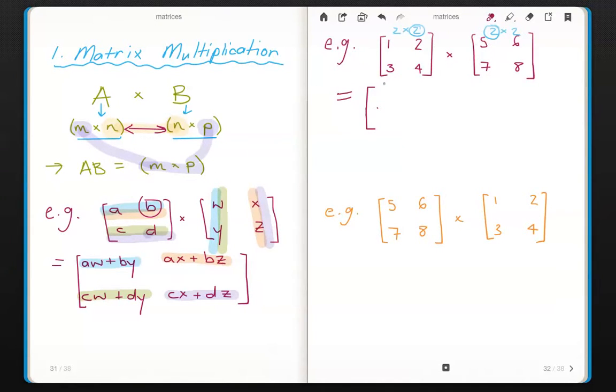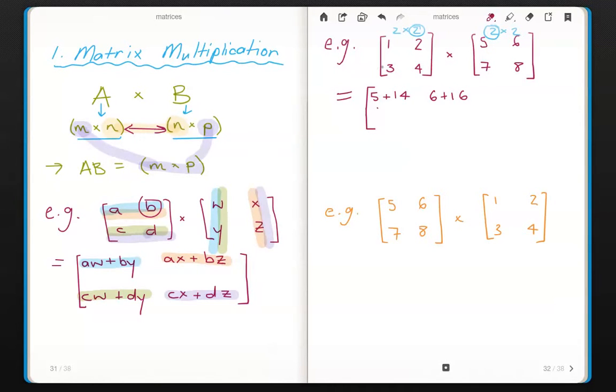So 1 times 5 is 5, plus 2 times 7 is 14. Then I'm going to do my first row and my second column. So 1 times 6 is 6, plus 2 times 8 is 16.